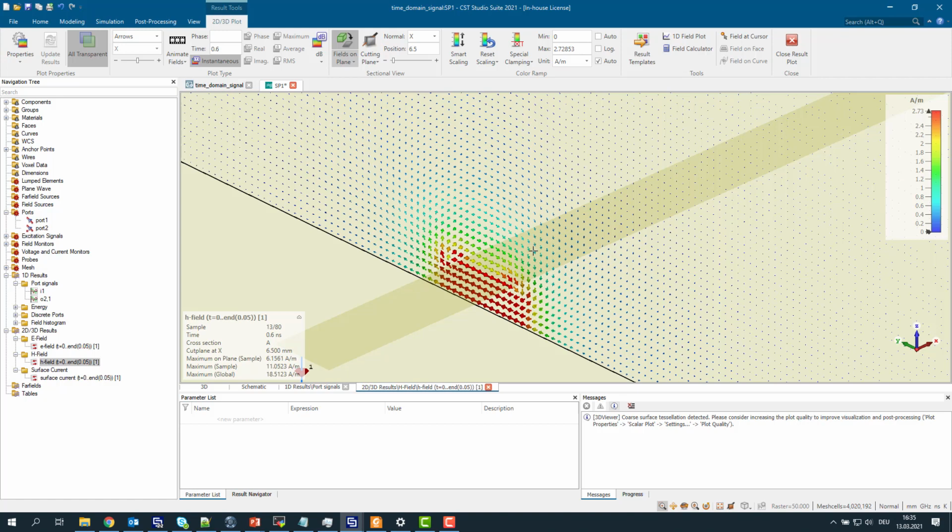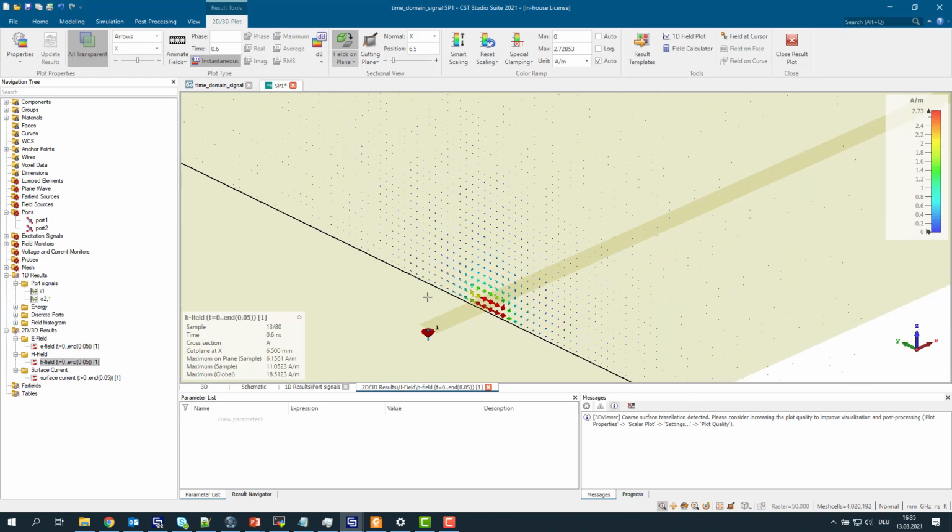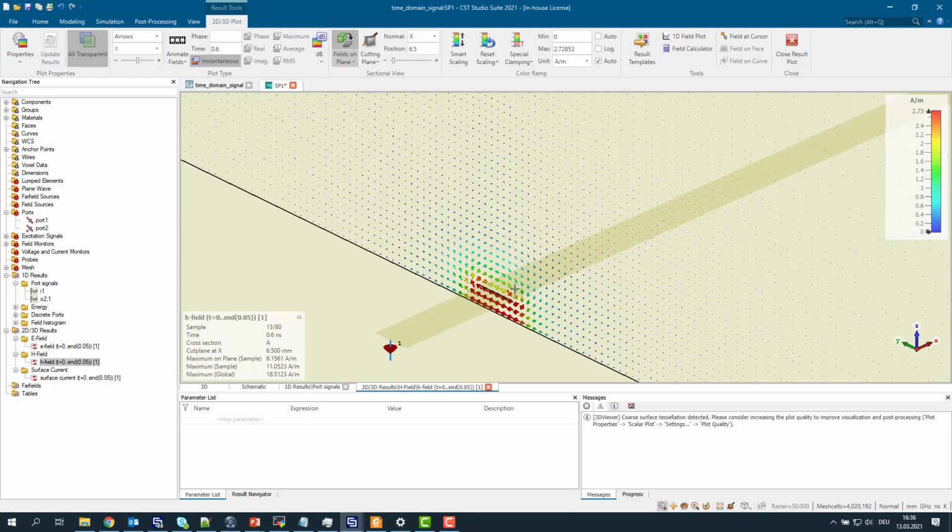So we have a current, we have a magnetic field, and we have an electric field, and each of them has a certain extent, a certain distribution over the geometry, which depends on the signal trace and on the ground plane. Right now I have a pretty wide ground plane, so you have this well-known distribution. If we cut off the ground plane, we would also see more fringing fields.